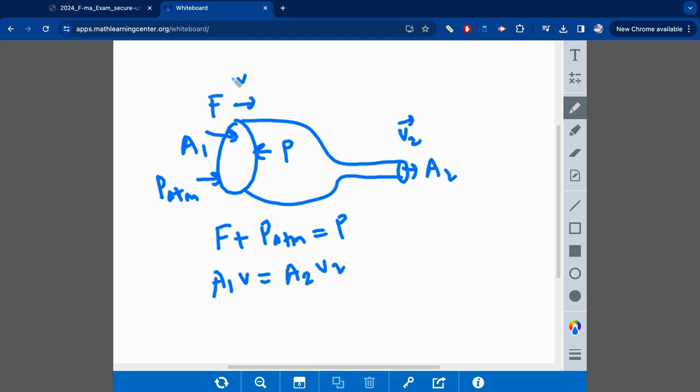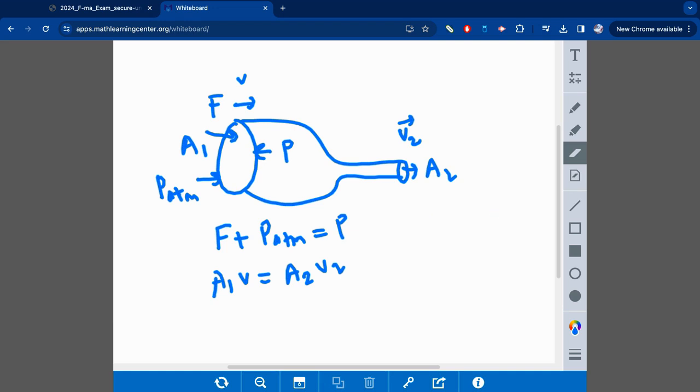This is a principle of all fluids. So if you have some container that's holding a fluid and you have two different areas, A1 and A2, and they're moving at speeds v1 and v2, A1 v1 always equals A2 v2. So we can use this relation, and we can also use Bernoulli's principle.